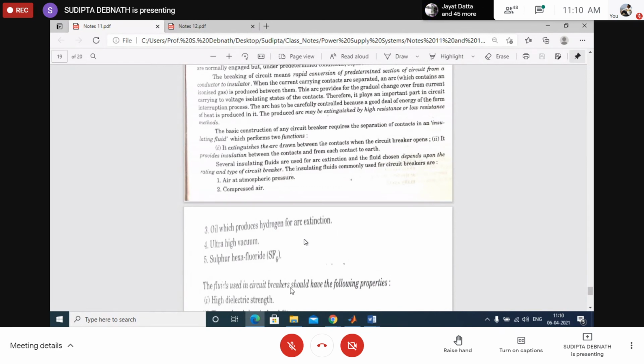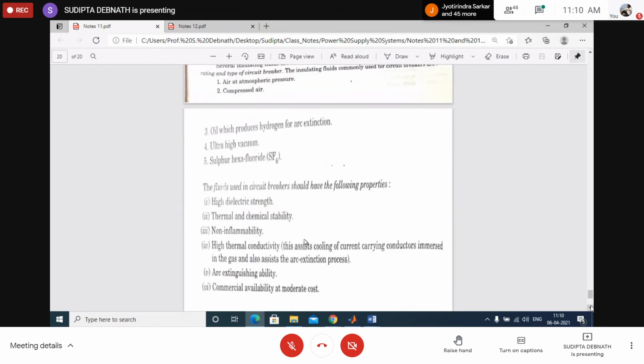Now, the fluids used in circuit breakers should have properties like high dielectric strength, thermal and chemical stability. It should not be easily reactive. Also non-inflammability, high thermal conductivity, arc extinguishing capability, and commercial availability at moderate cost.